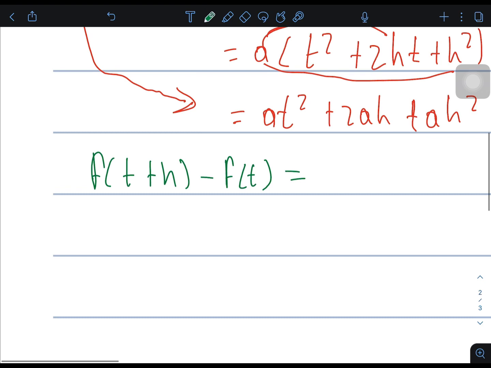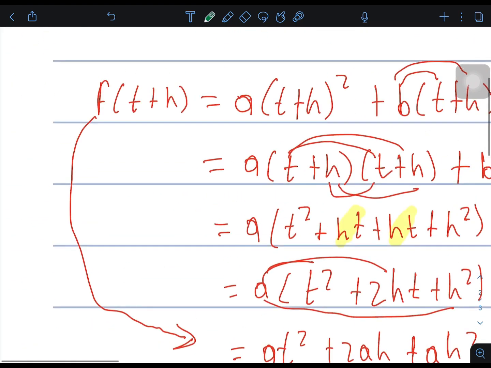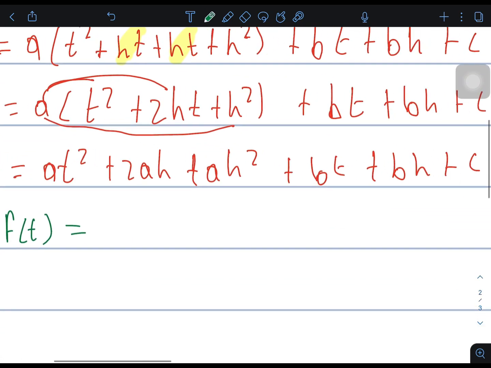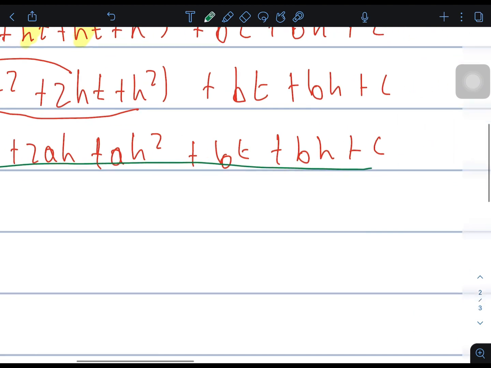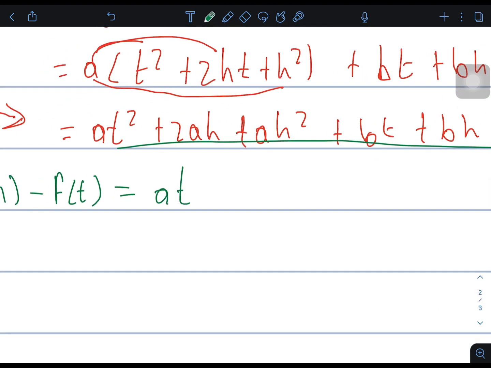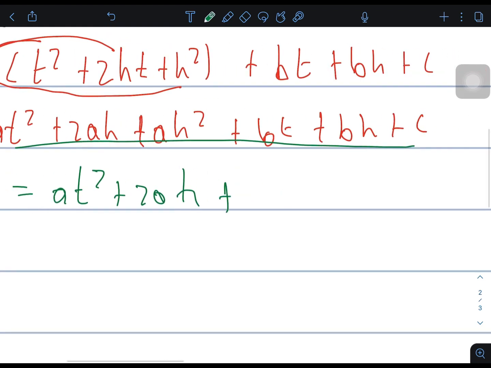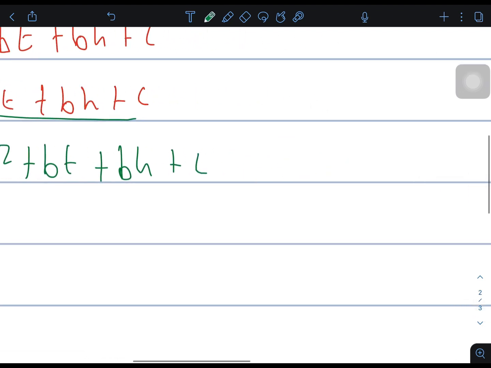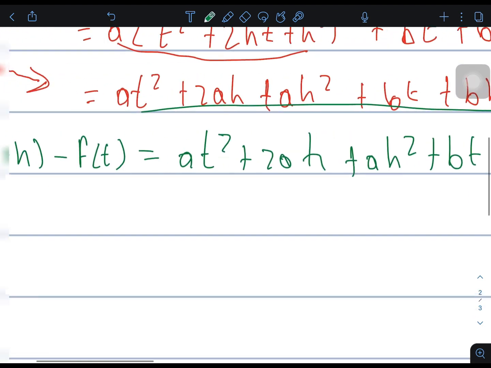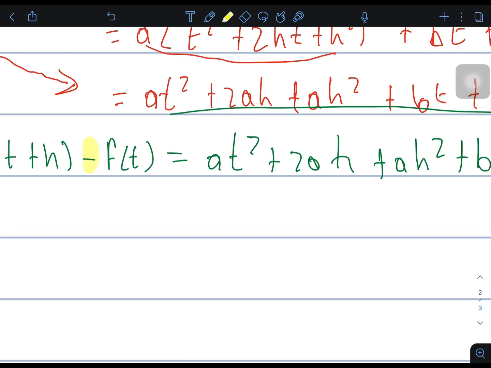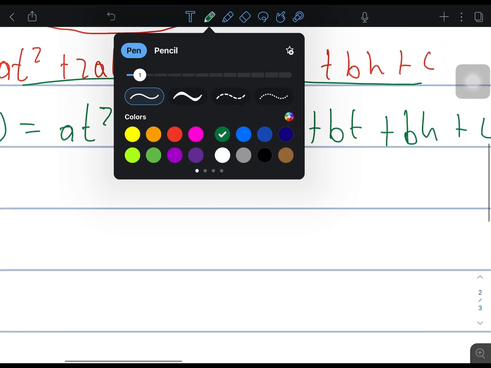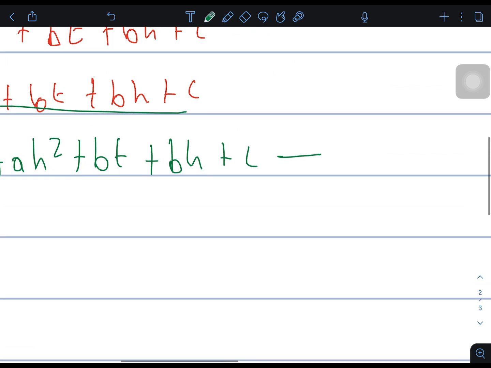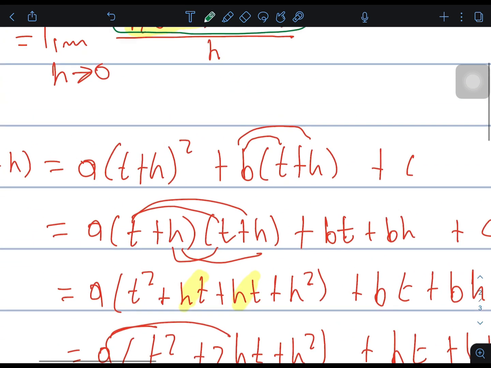we substitute now with what we have written. F of t plus h, here it is. We wrote it aside here. It's a t squared plus 2ah plus ah squared plus bt plus bh plus c minus, open brackets, f of t.